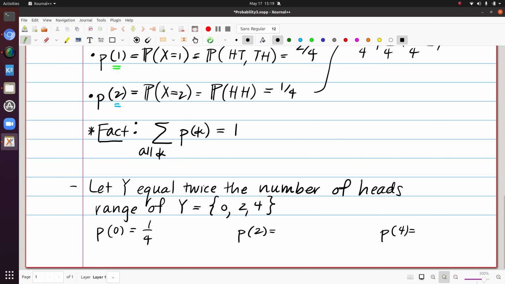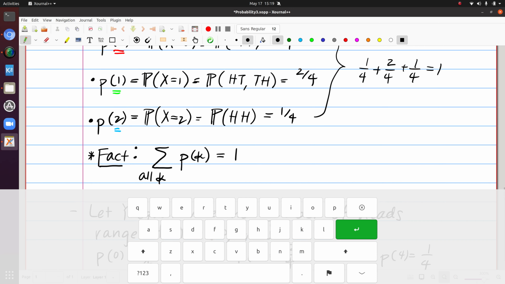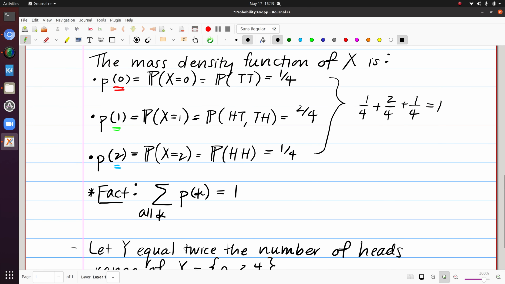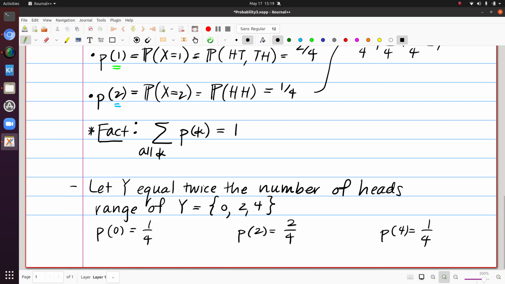We can either see heads, tails, or tails, heads. And then finally, p of 4 can happen if we see both heads and there's a 1/4 chance. So notice that these probabilities are similarly broken up as 1/4, 2/4, 1/4, but they're associated to different values in this instance where I'm changing my random variable.